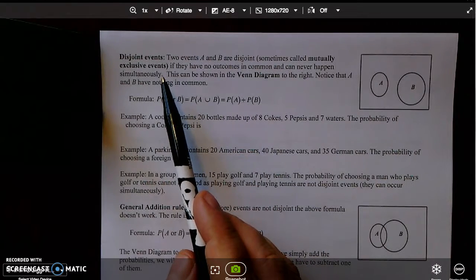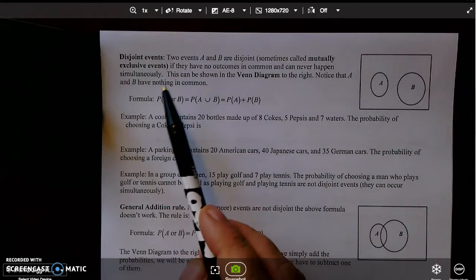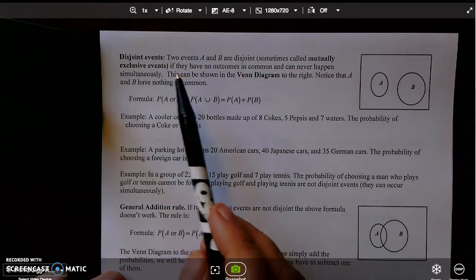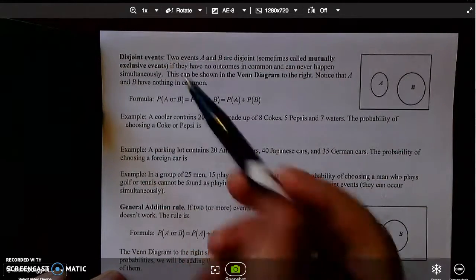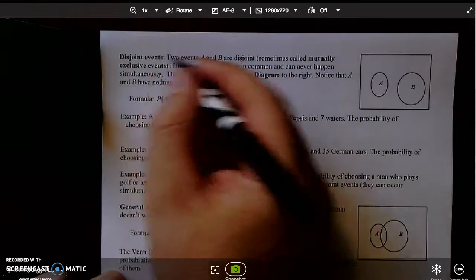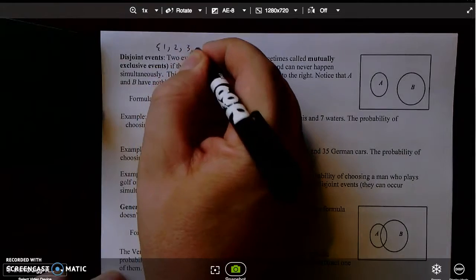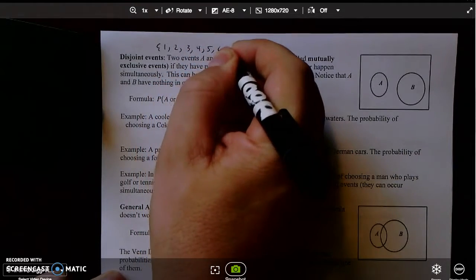One easy example of this: imagine rolling a six-sided die. What are our chances? We have one through six, that's our sample space: one, two, three, four, five, six.